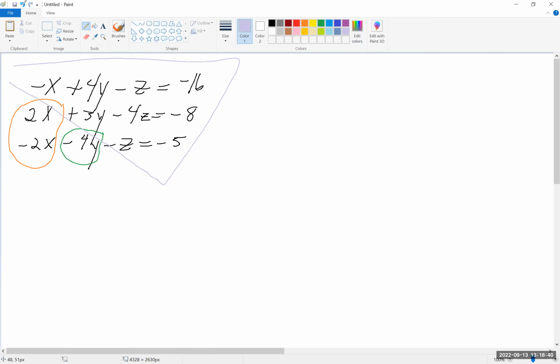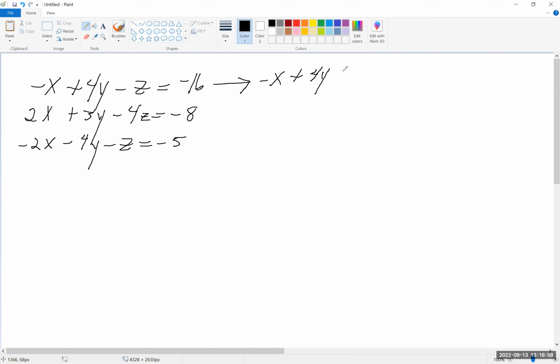Okay, so let's see. I'm going to erase those markings, but for right now, I'm going to leave this one as is. I don't have any reason right now to believe that if I modify it, it'll help anything.